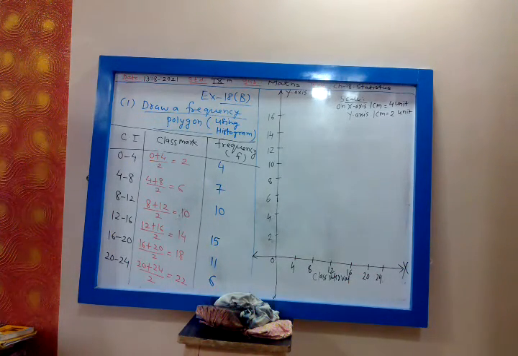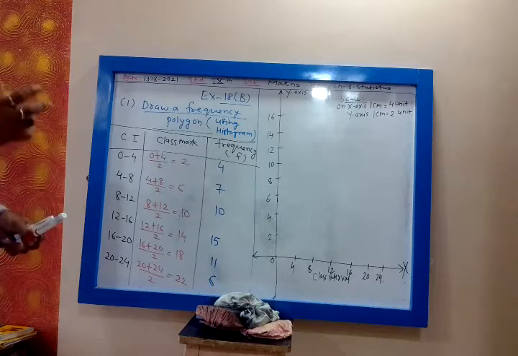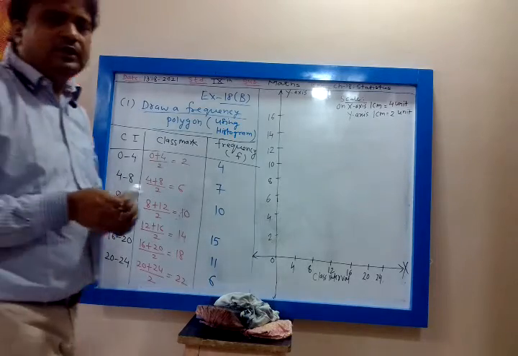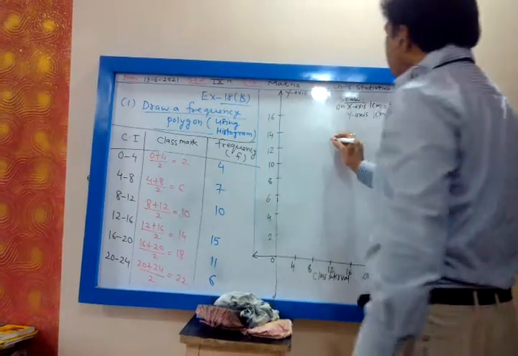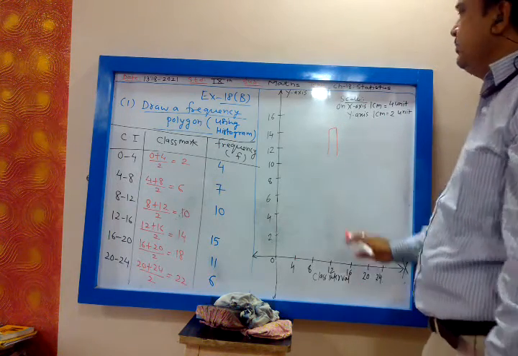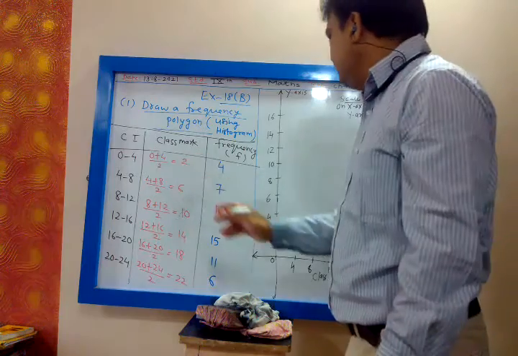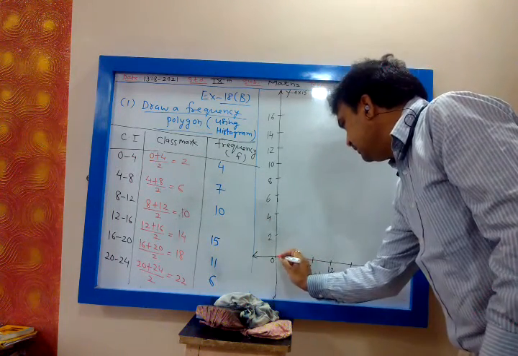Okay, so let us draw this. First we draw the histogram. We have already studied what a histogram is. It is a rectangular box which we draw on the class interval. The first class interval is 0 to 4.